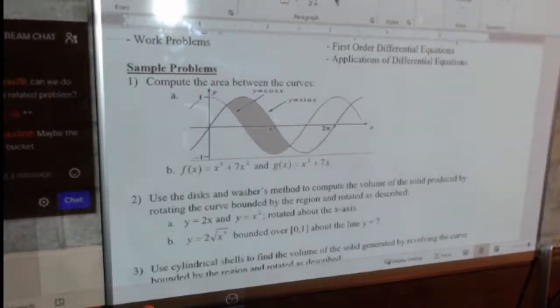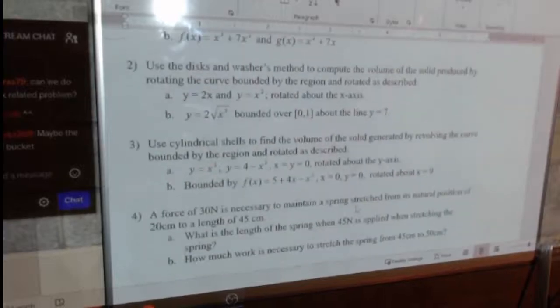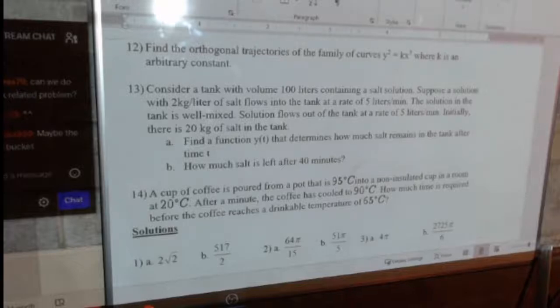Alright, so earlier you suggested 12, orthogonal trajectory.